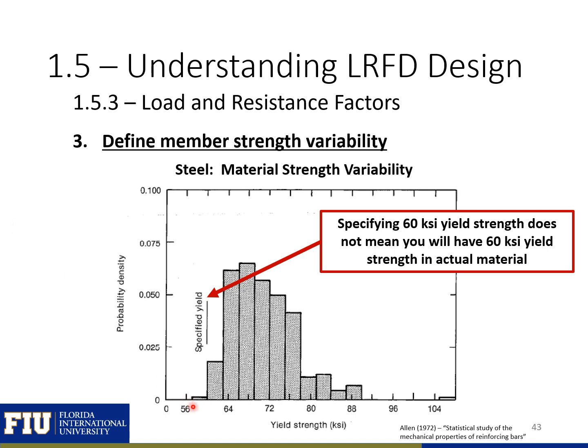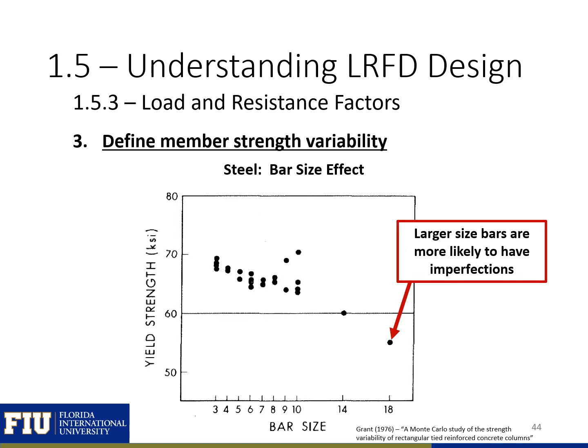In actuality, we'll likely get a yield strength much higher than 60 KSI, depending on what type of steel we use. Also, our yield strength is going to be dependent on the size of the bar. So a smaller bar will typically have a higher yield strength than a larger bar.